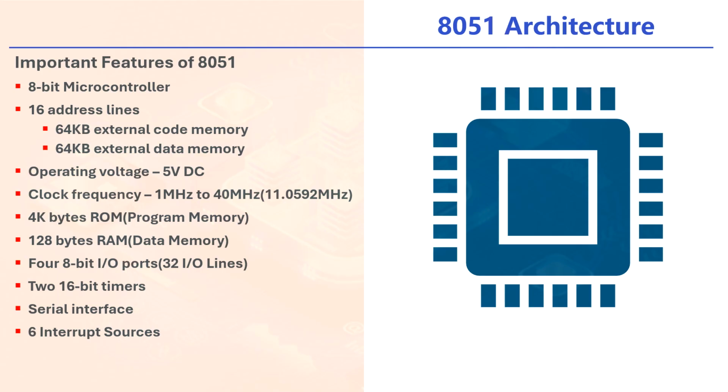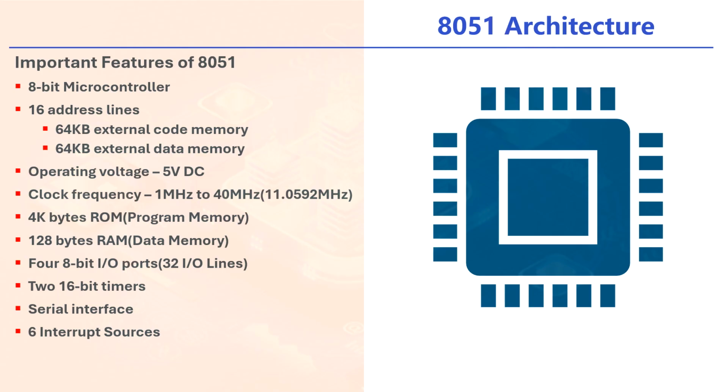The fourth resource is the 6 interrupt sources. With the help of these 6 interrupt sources, the 8051 microcontroller serves 6 different sources or devices. So these are the important features of 8051 microcontroller.